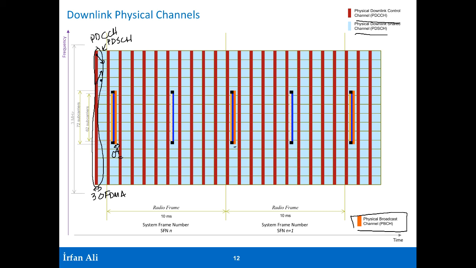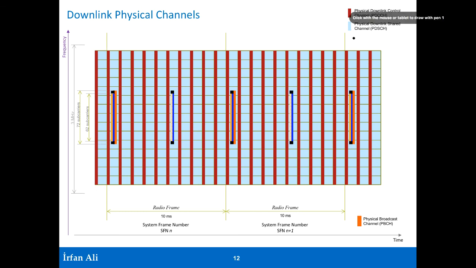So the two key downlink physical channels that we will be looking at are the physical downlink control channel, this red one, and the physical downlink shared channel, the blue part of it.